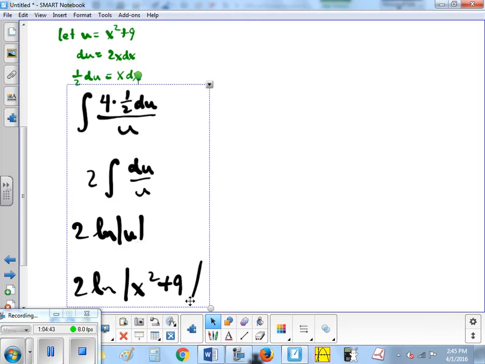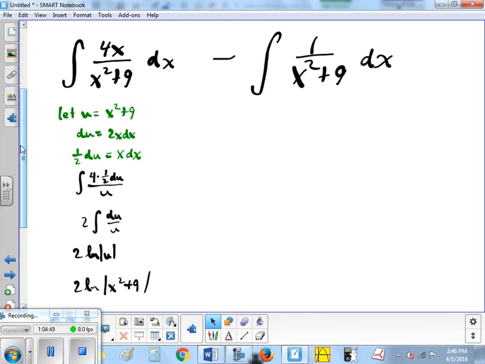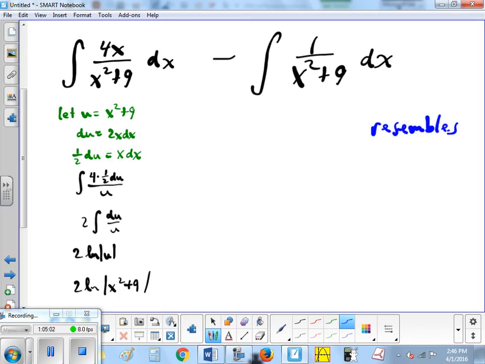Shrink that a little bit. So we can go up and see the other integral that we had. Okay, what is this thing? Well, it resembles this rule.